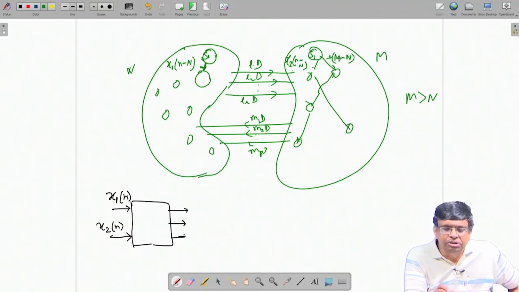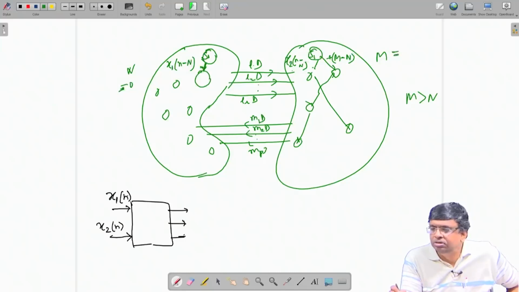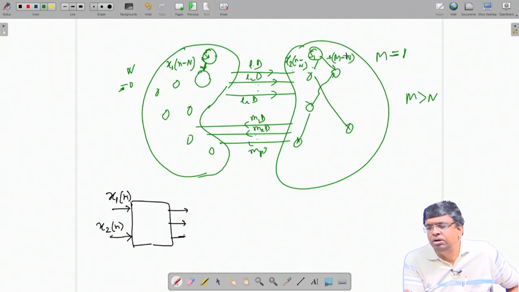As a special case, suppose n is 0 and m is 1. Before retiming I had whatever delay I had, and this will remain unchanged as before, and this will get reduced by m minus n, that is 1 minus 0, so it will just be added by 1.